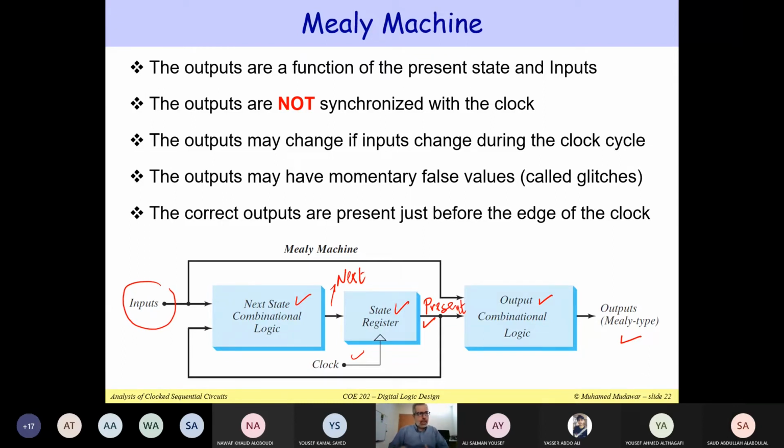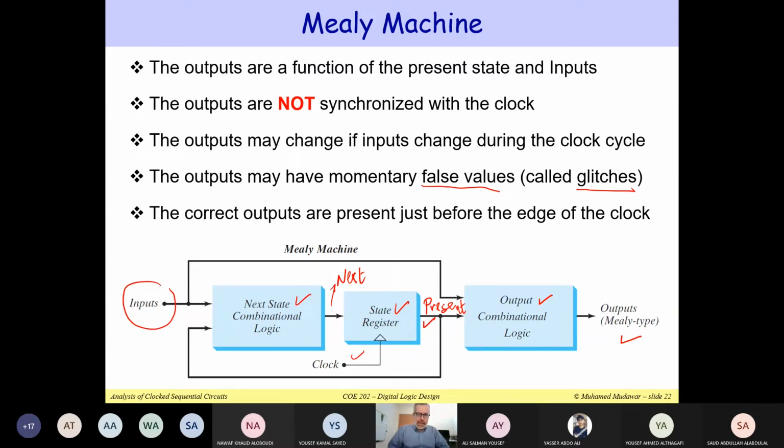But because the inputs can change at any time, you might actually have the outputs changing during a given clock cycle. So you might get momentary false values, and these are called glitches. A glitch is a false output, and you might get it for a short period of time, and then it will go. So that's the meaning of a glitch.